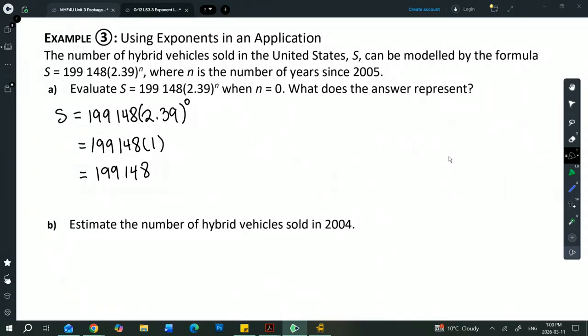Okay, so S represents the number of hybrid vehicles sold, and N is the number of years since 2005. So what did we just calculate and what did we just find?